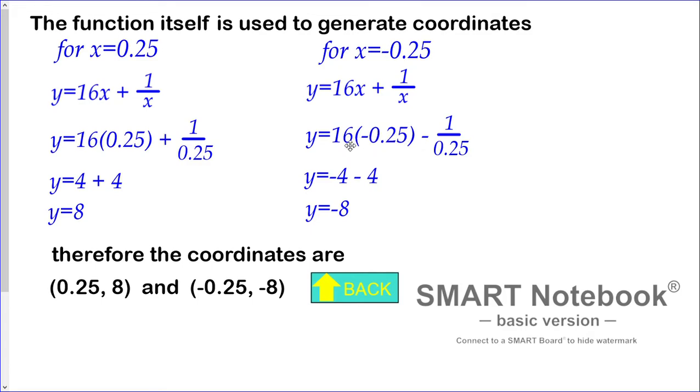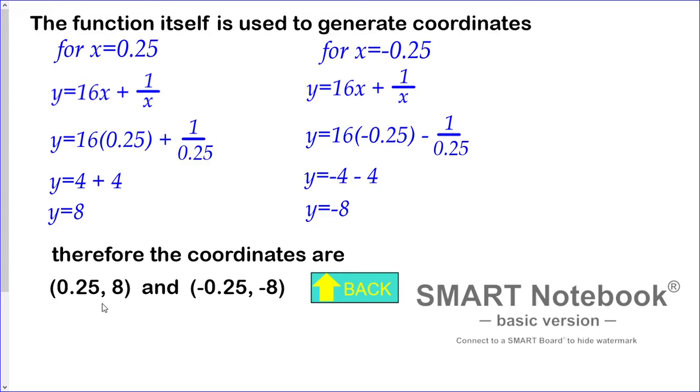That's a quarter of 16, isn't it? That's minus 4. And then minus 1 over 0.25. If we substitute negative 0.25, this plus will change to a minus, and we have 1 over a quarter, which is 4. We have minus 4, and minus 8. Those are our two coordinates, where the gradient equals 0.